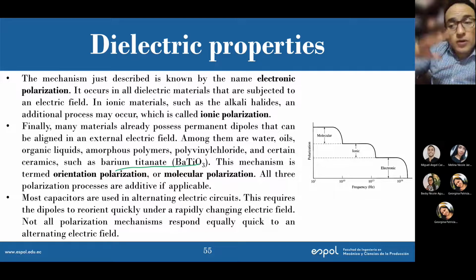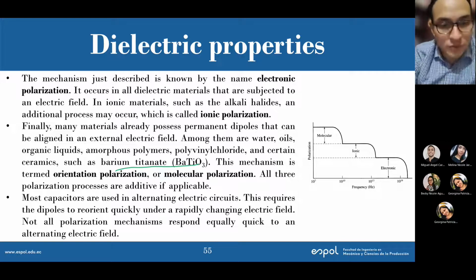If you remember the structure of barium titanate, you can definitely remember that central cation, right? That central cation can displace, and that will generate a dipole that makes the material dielectric, and remember that also makes the material ferroelectric, and we'll talk about that, but remember that from your ceramics course.